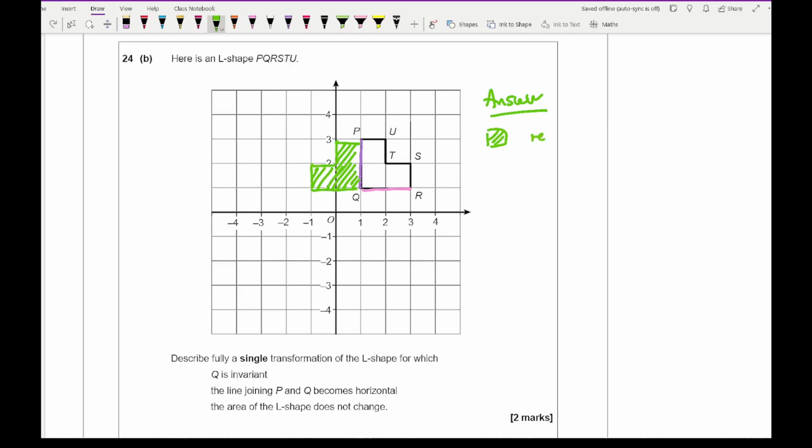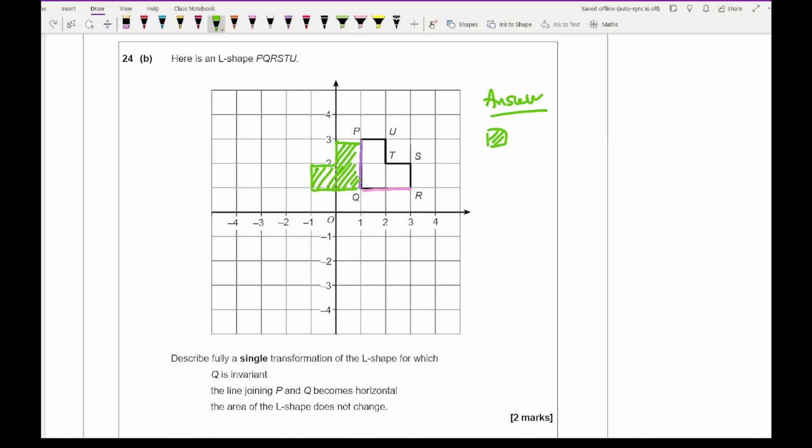So the correct answer is going to be the green shape, in which case it's going to be a reflection, or rotation I should say, not reflection, because it can't be a reflection even though it looks like it. If it's a reflection then PQ is going to stay vertical, which we don't want.